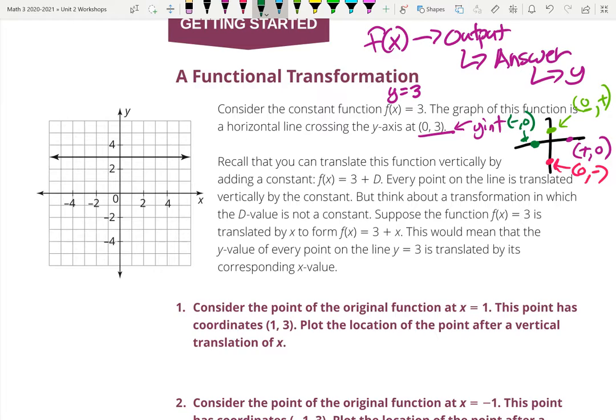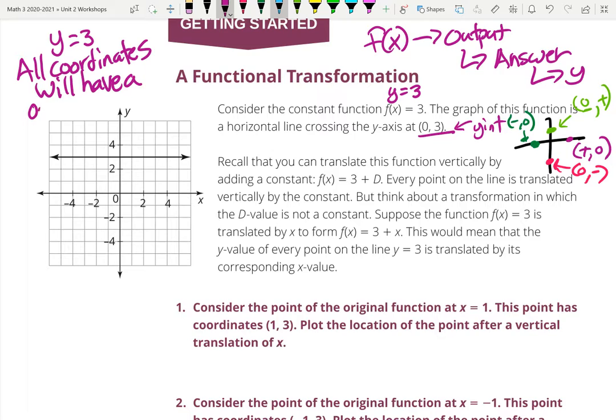So, by this equation being equal to 3, what it is saying is y is equal to 3. All coordinates will have an output of 3. So for example, when x is 1, well, y is 3.